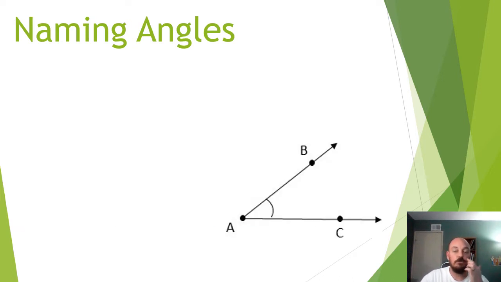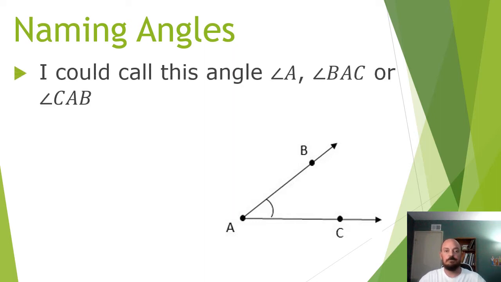So let's go back to our first picture. I said I could call this angle A if I want. Here are two other names. I could call this one angle A, because again, it's the only angle I could be talking about. But these 2 names here are better.